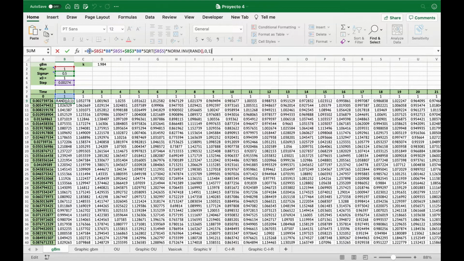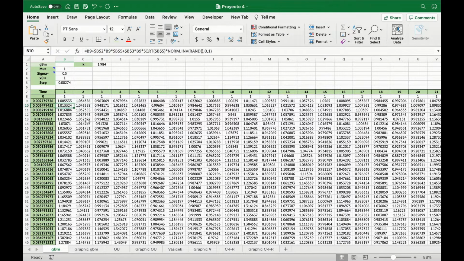And here it is the previous value plus mu times the previous value times stepping time plus sigma times the square root of the stepping time times the error, that in this case, we know that it's a normal distribution with mean 0 and standard deviation 1.